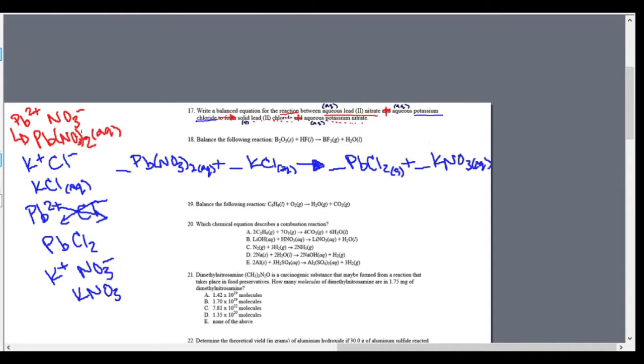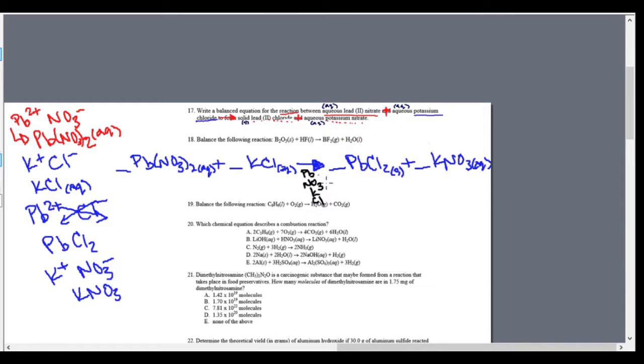So when I'm doing these, my preference is to go and write what I have. So I have Pb, I have NO3. If you can keep your polyatomics together, do that. It's going to save you so much. We have K and we have Cl.